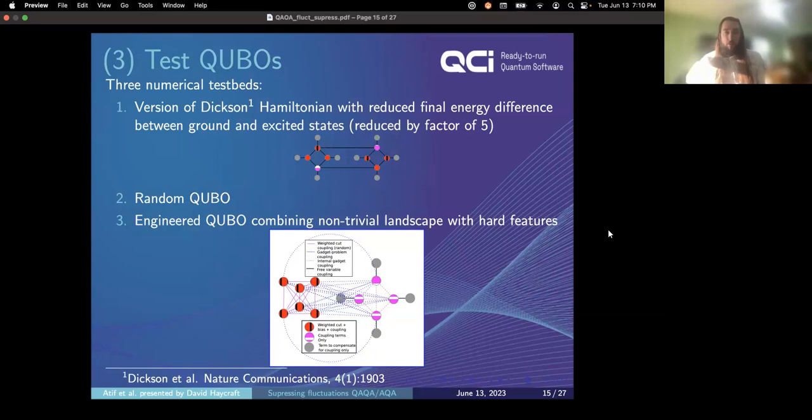Then we also constructed random QUBOs, and as a third setting, to mirror a more realistic type of problem, we had an engineered QUBO which combined a max cut problem with a modified version of the more pathological example that we showed earlier.